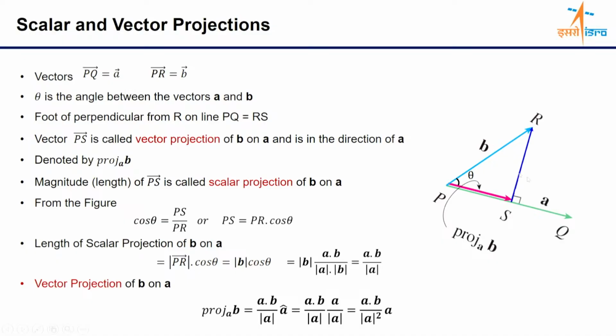So this is the A vector and this is the B vector, and theta is the angle between both the vectors A and B.